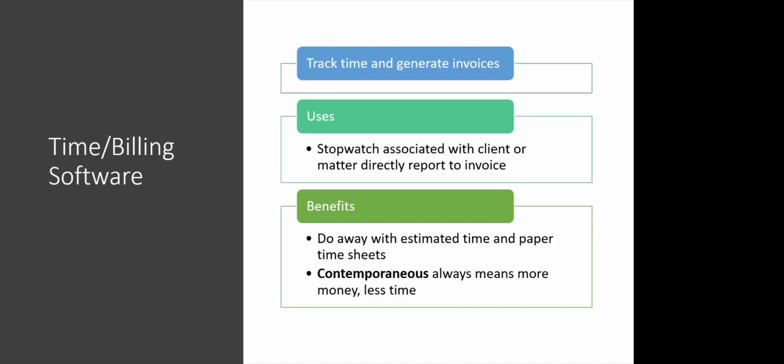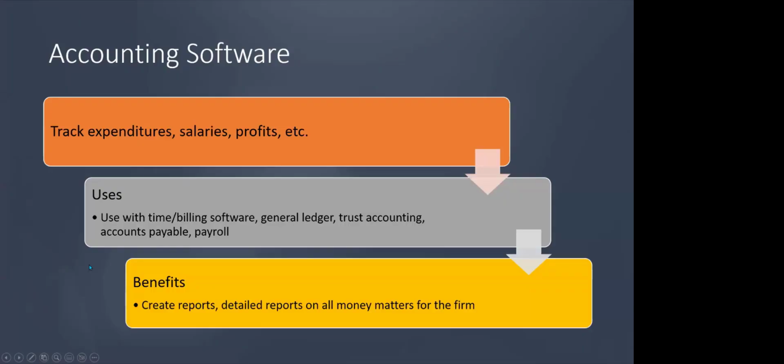And I have an article on standardizing your descriptions so that you can start adding kind of drop down descriptions for particular types of work that show value to the client and can be consistent across the firm. And the time and billing software is particularly useful for applying that kind of thing. Then the accounting software.